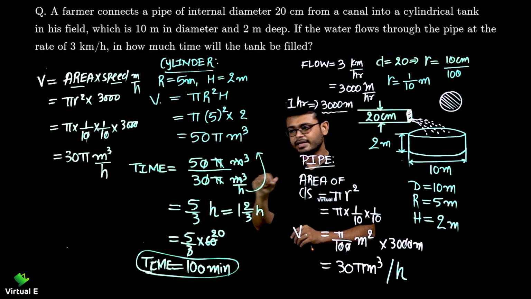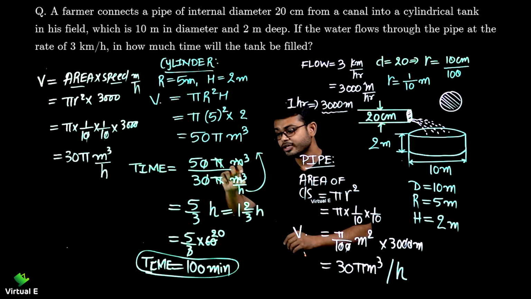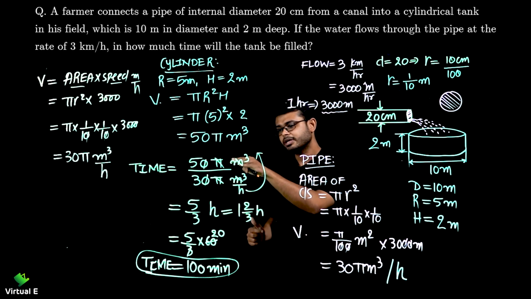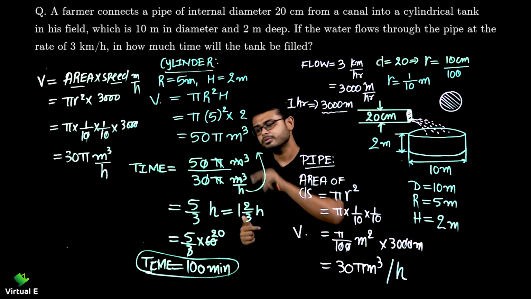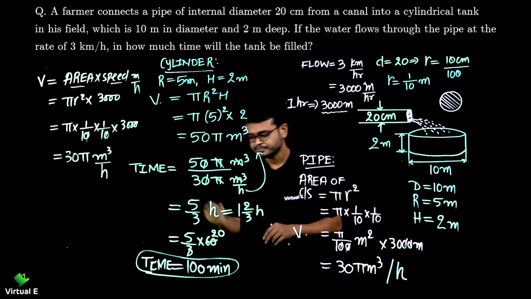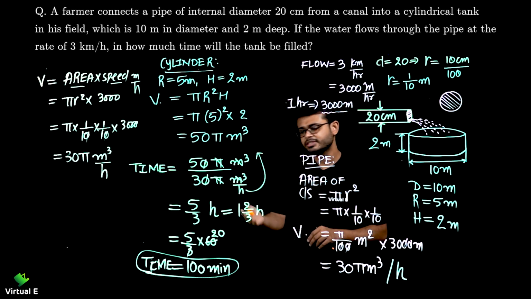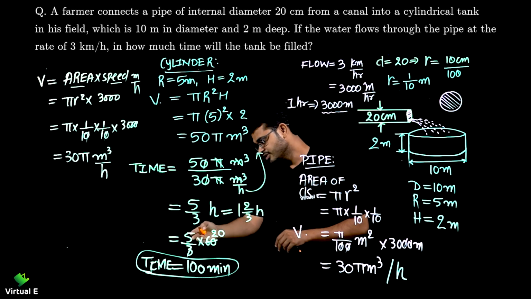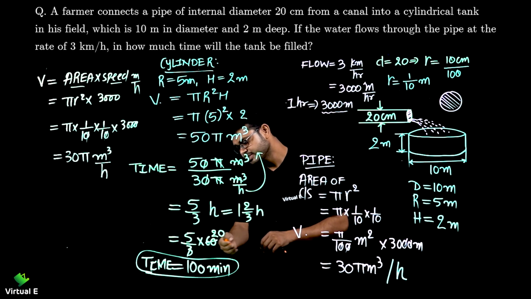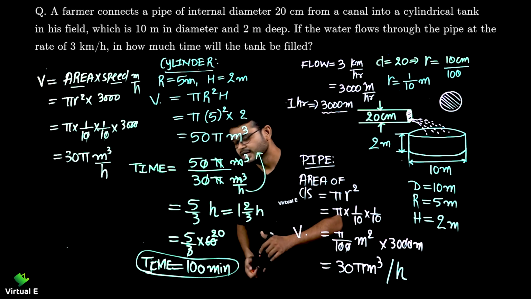Here meter cube, here meter cube per hour, so meter cube cancels, and the denominator goes into the numerator, so 5 by 3 hours. You can write it as a mixed fraction, that is the general way to write hours and time. If you want to convert into minutes, multiply by 60, that is 100 minutes.